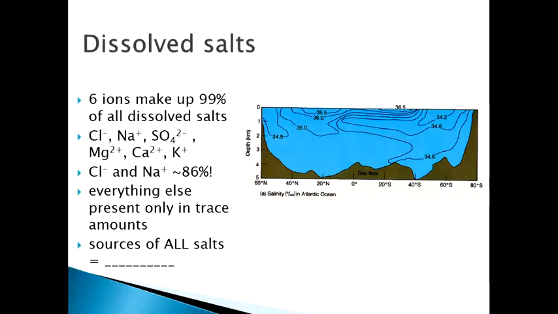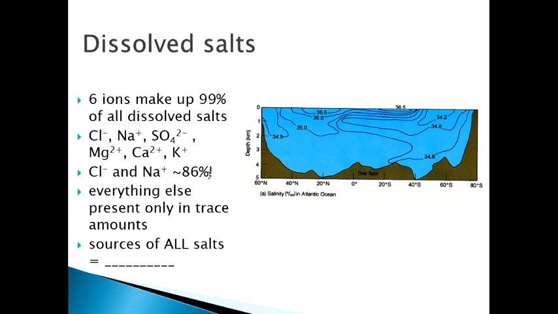Well, what are these dissolved ions, these dissolved salts? There's the big six. You need to know them. Chlorine, sodium, sulfate, SO4, magnesium, calcium, potassium, and they're the big six. But really, there's the big two. Sodium and chlorine make up 86% of all of those salts. 86%.